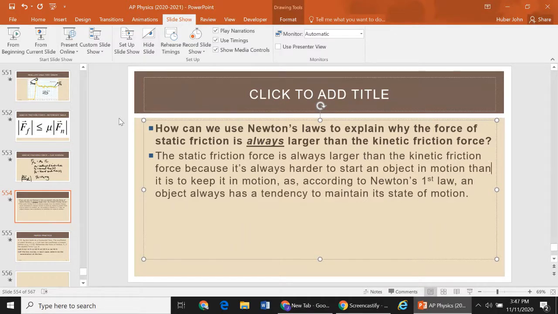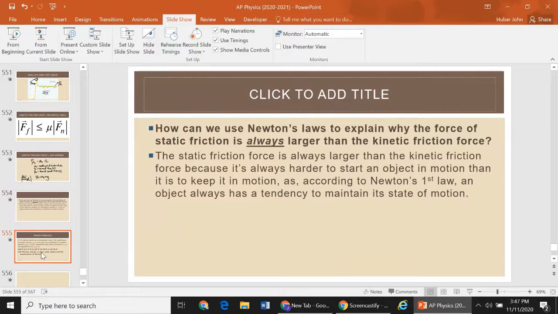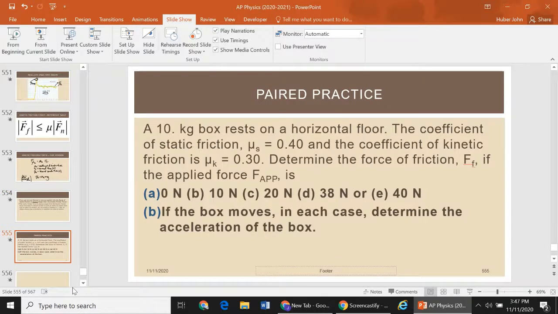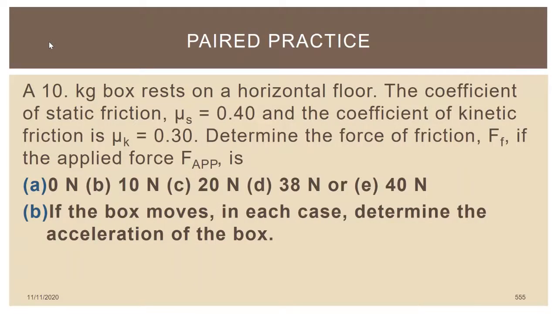Okay. Now, the last thing we're going to do for today, because this video is already getting a little long, is I'd like to just go ahead and solve a problem so we can see how these forces work, how the equations work, and how we can calculate these things. So this problem says a 10-kilogram box rests on a horizontal floor.